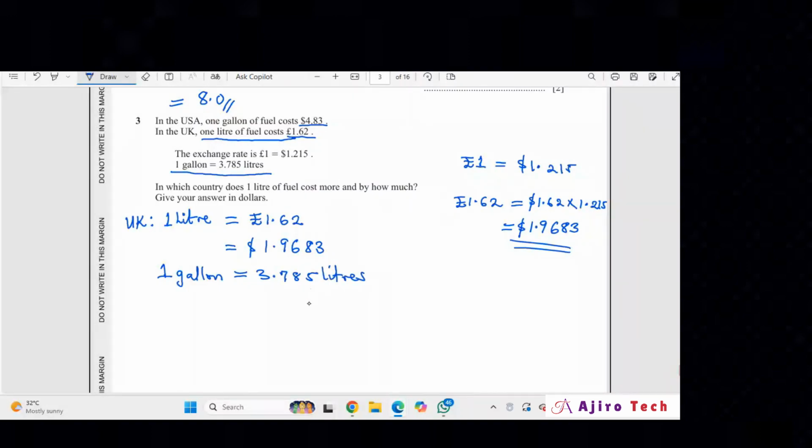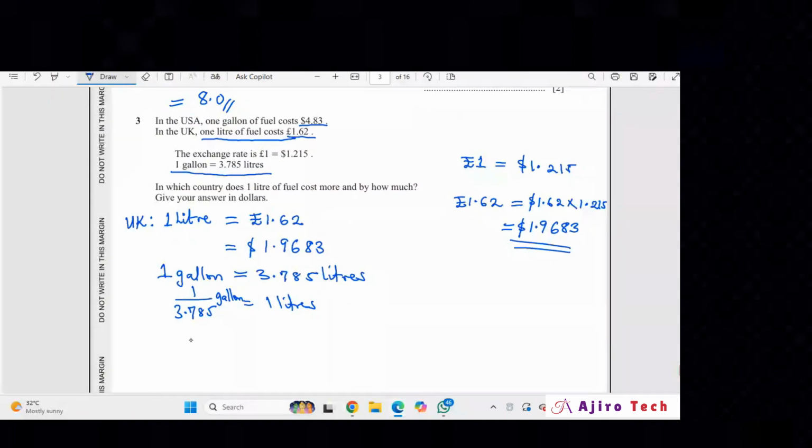That is 1 gallon. So if 1 gallon is equal to this, how many gallons will give us 1 liter? 1 liter will give us 1 over 3.785 gallon.